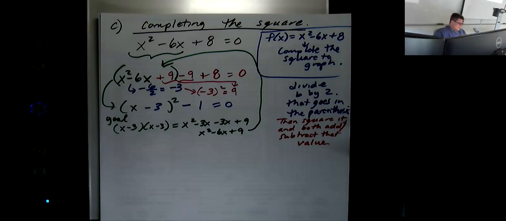Getting it in this form makes it really easy to graph later on. Divided the 6 by 2, correct? The -6 by 2, yeah.